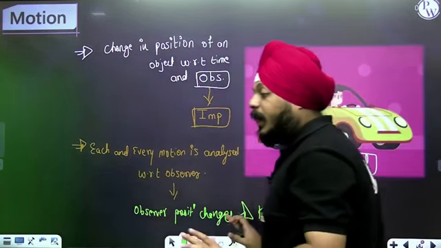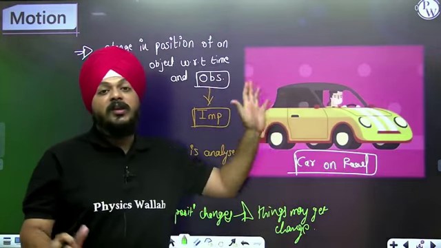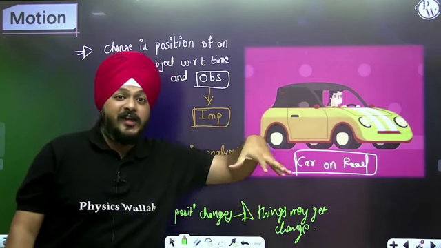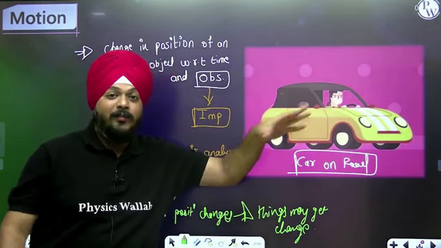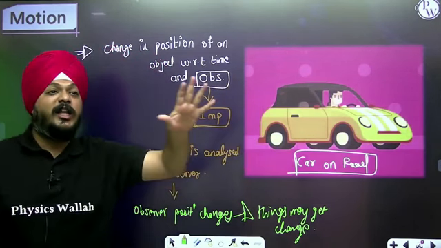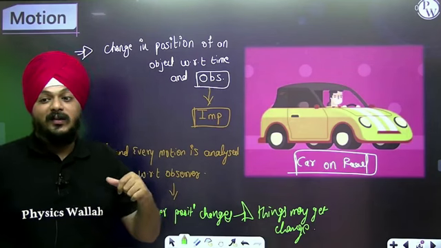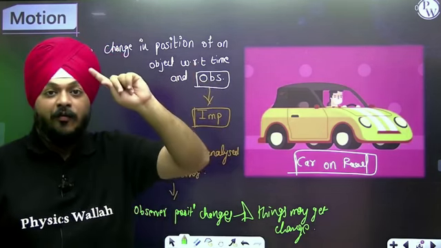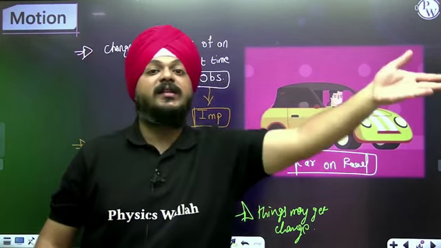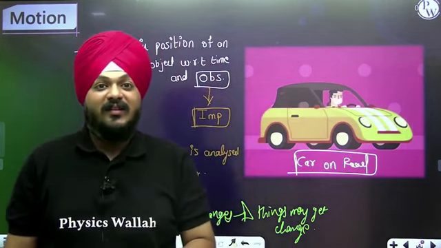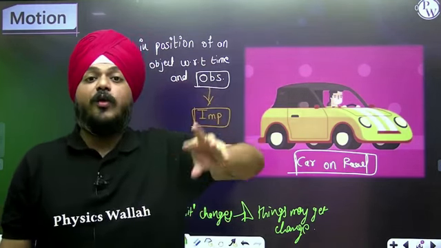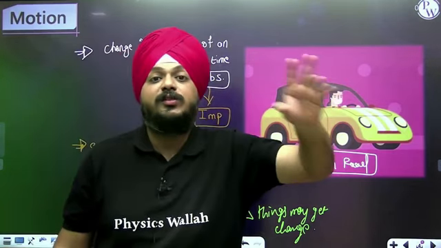So here I gave you an example. The car is on the road. With respect to the person who is inside, it's stationary. For him the surrounding environment is moving. For the person on the ground analyzing the motion, the car is moving. So we have two observers: the first observer is on the ground, the second is inside the car. Things always differ if the position of the observer changes.